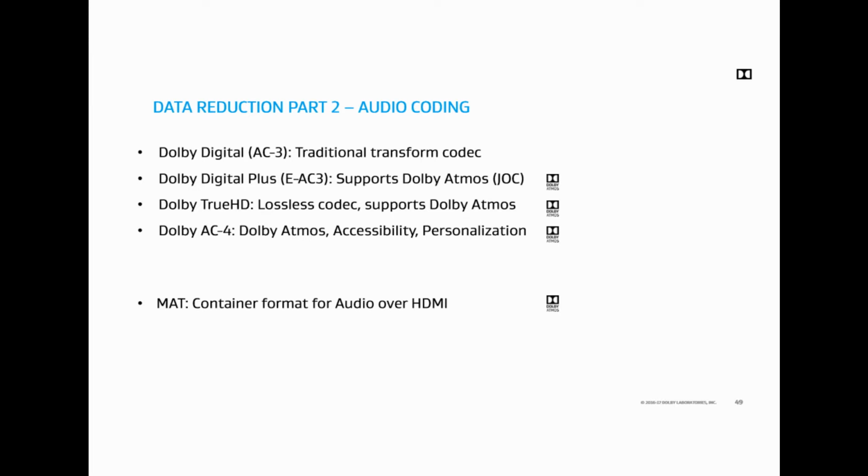So I'm going to talk about two of these briefly today. I could probably spend another hour talking about Dolby codecs. That's what Dolby does. We do a lot of that. So I'm going to touch briefly on Dolby Digital Plus, which is what we use for streaming today, and Dolby AC4, which is a new next generation audio codec.